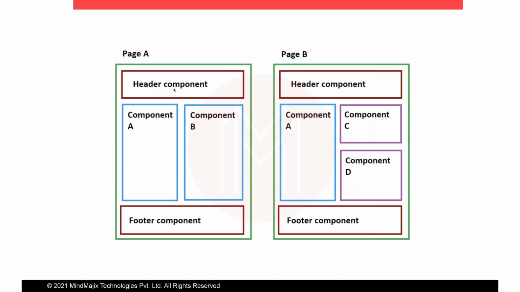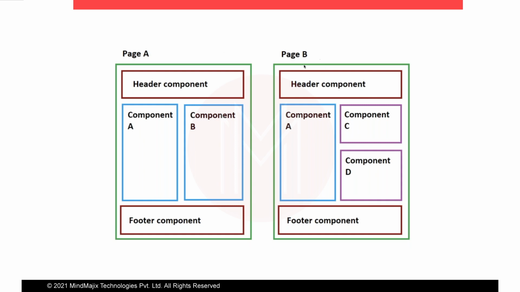So we make a single header component, and we use it in this page, and we use the same component in this page without writing the code again. The footer is also the same, and component A is also the same. Only component B and component C and D are separate components, and we use them in page A and page B. Whenever I go to page A, this will be rendered.